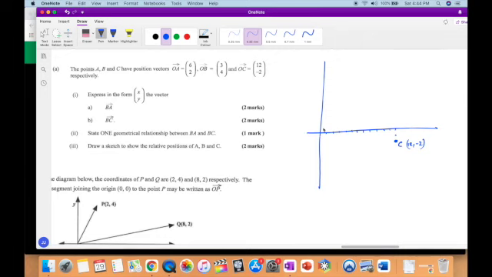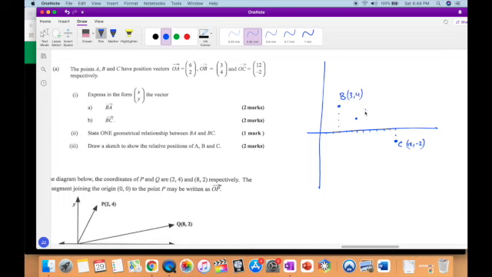OB is 3 on the x, 1, 2, 3, and then 1, 2, 3, 4. B, which is 3, 4. And then OA is 6, 2. So that is 1, 2, 3, 4, 5, 6, 1, 2. So that is over here. Right?